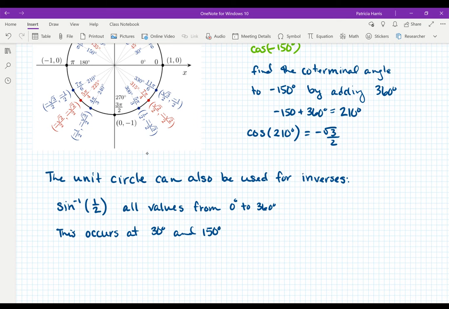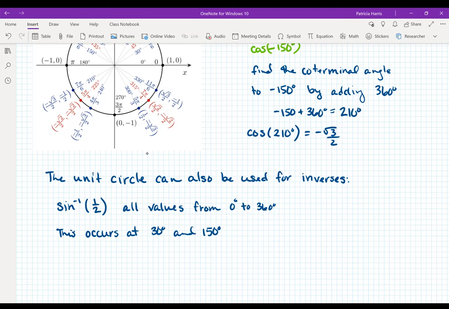Okay. If I go down into the third and the fourth quadrant, I notice that the sine value is negative 1/2, so I don't want those. If you pop this into a calculator, the calculator will only tell you 30 degrees. It won't tell you about the 150.